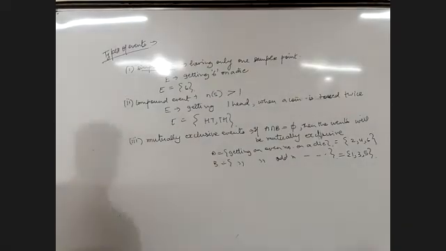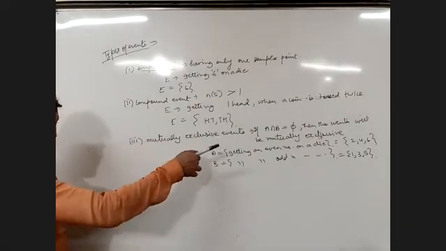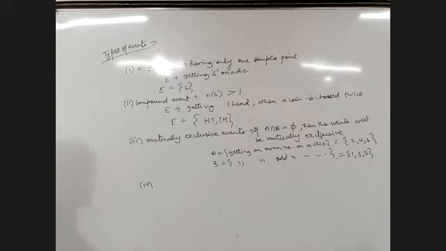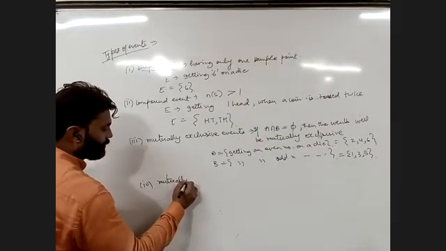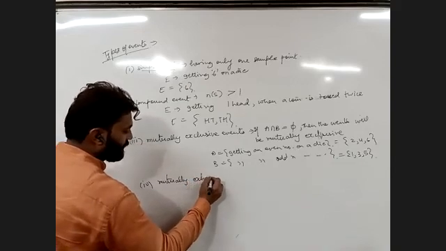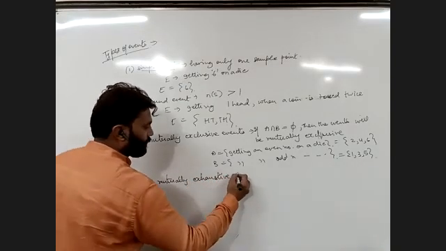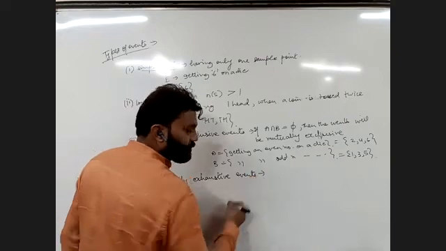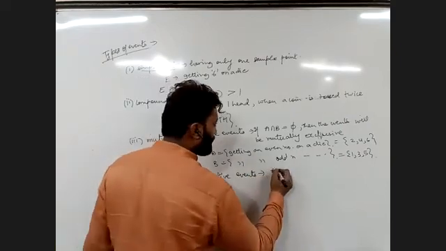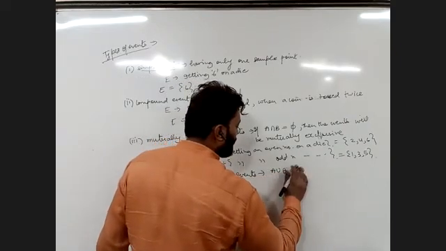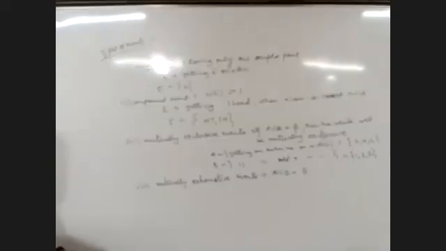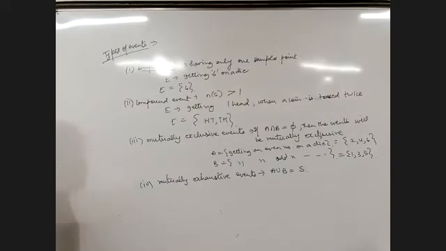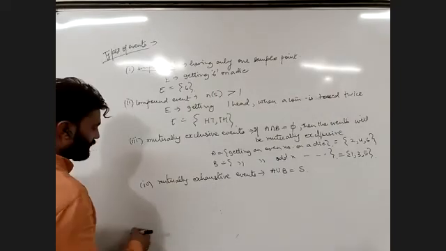इसको हम ये भी बोल सकते हैं that this particular example is a perfect example for mutually exhaustive events. For mutually exhaustive events, the condition is A union B equal to the sample space. If all the events together form the sample space, they are mutually exhaustive events.